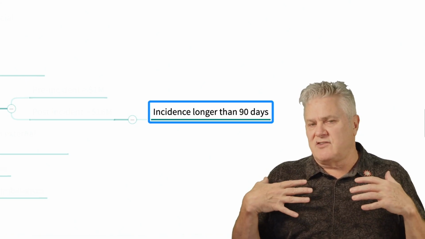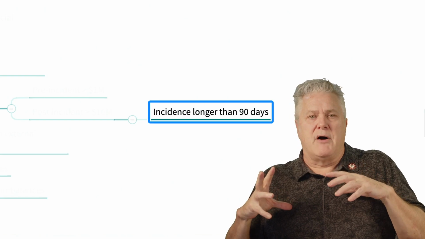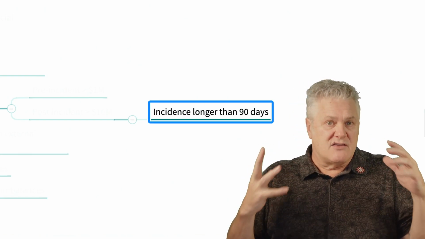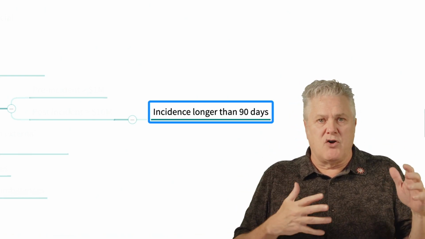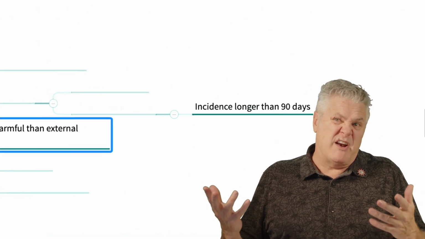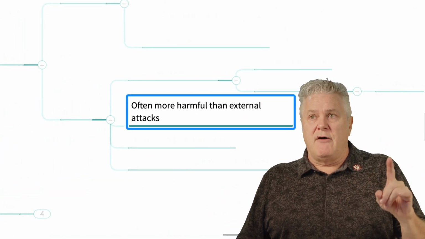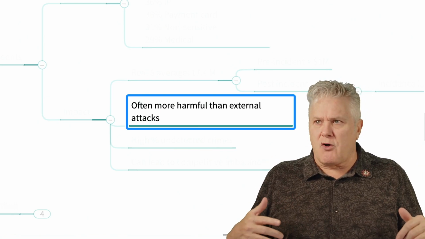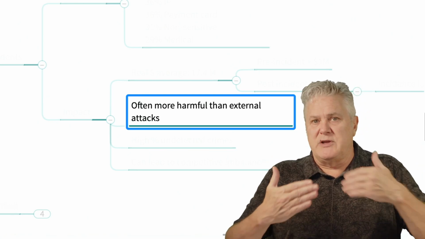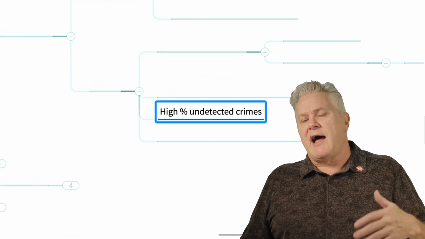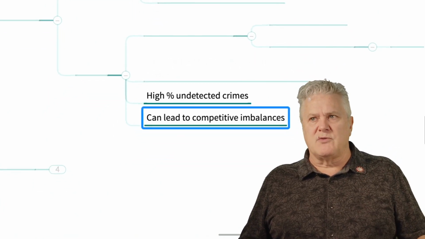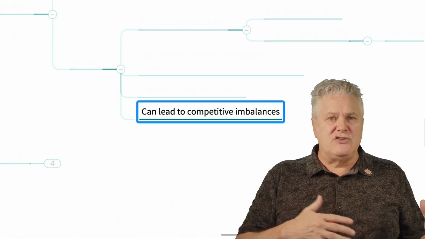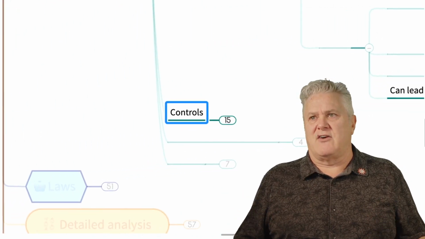To me, what that says is if you were to spend a lot of money on pre-incidents and preparing for this, it would cost you a lot less than when it actually happens. Now, often, these insider threats are much more harmful than the external attacks because we know that they're coming. There's a higher percentage of undetected crimes within organizations, which can lead to competitive imbalances that are out there.